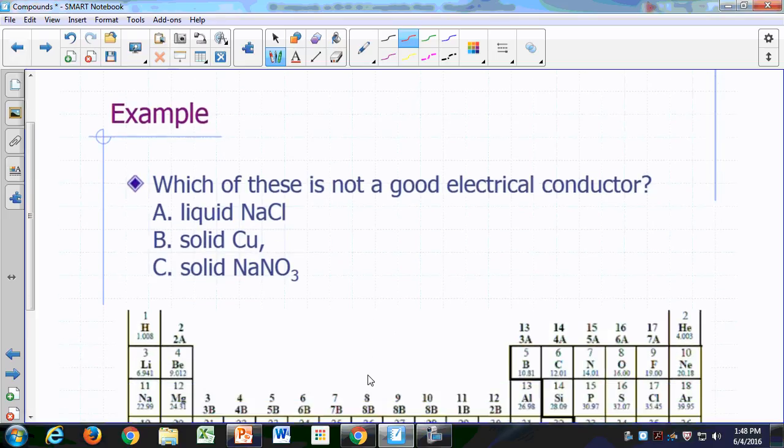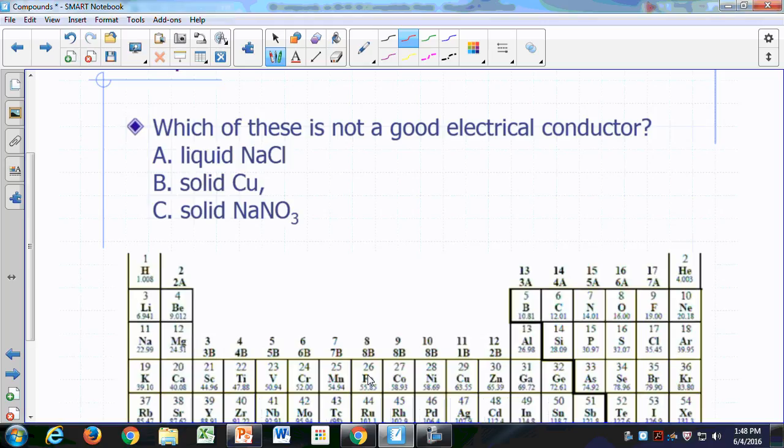Which of these is not a good electrical conductor? Okay. Solid ionic compound, the ions don't have enough energy, they don't have enough freedom of movement there. Solid copper, you might say that's a solid, but remember this is not a compound, this is an element, a metallic element.